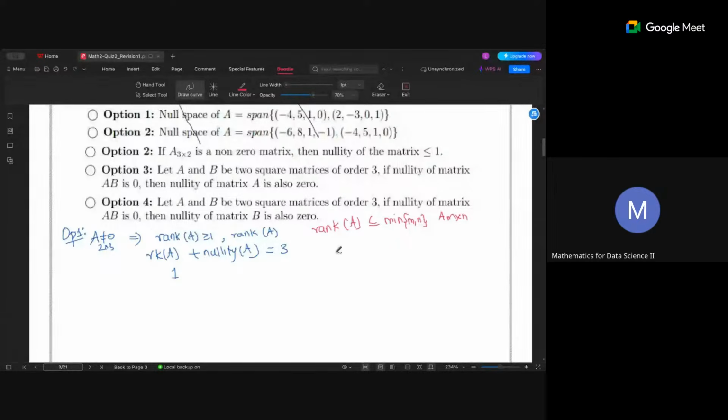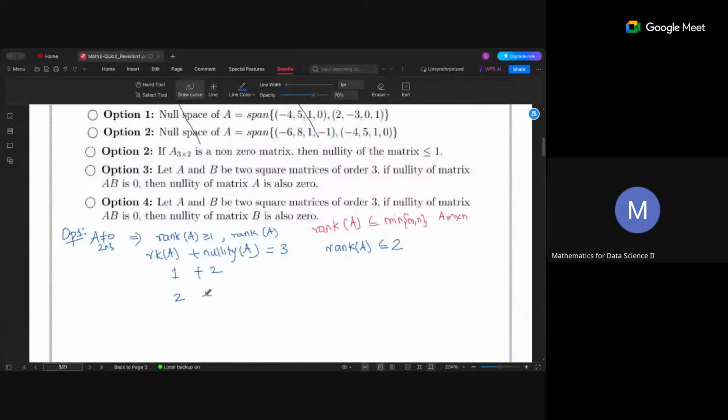So the rank is less than or equal to 2. Either it can be 1 or 2. These are the only possible options for this matrix. If the rank is 1, the nullity is 2, and if the rank is 2, the nullity is 1.